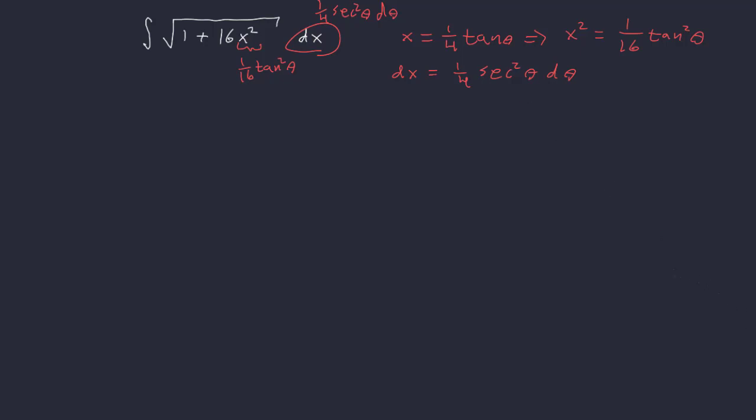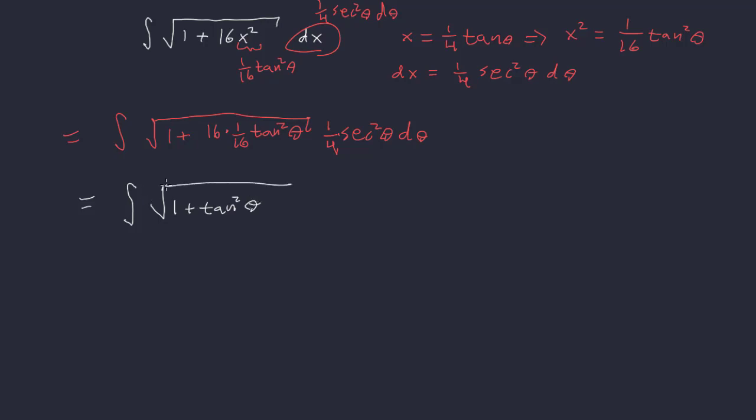So let's write this new integral out as the integral of the square root of 1 plus 16 times 1/16 tan squared theta, and then we'll get 1/4 secant squared theta d theta. Now we're down to this integral: the square root of 1 plus tan squared theta times 1/4 secant squared theta d theta.